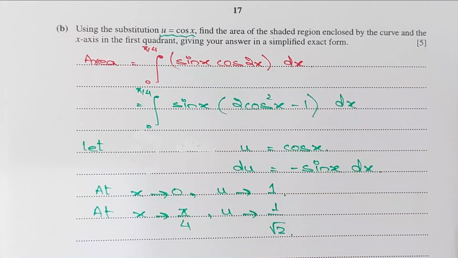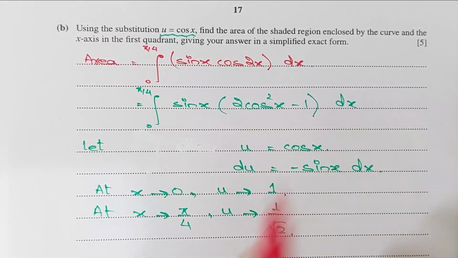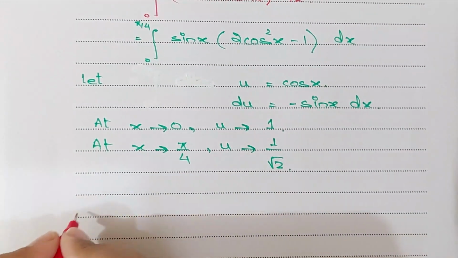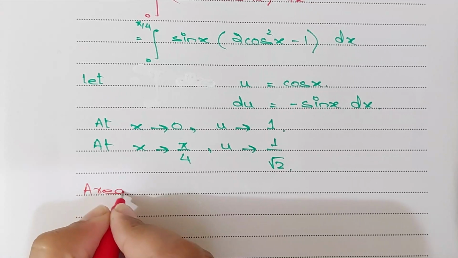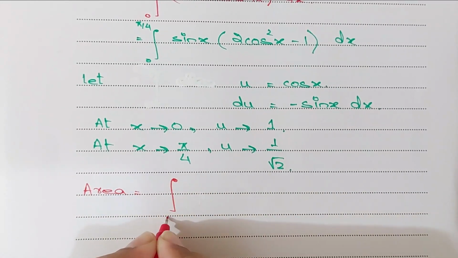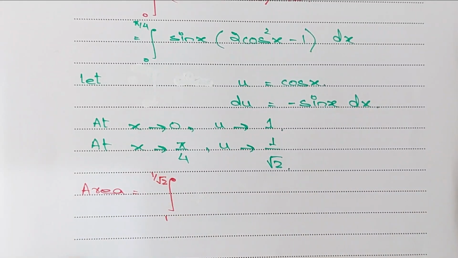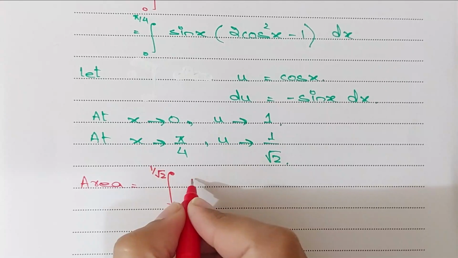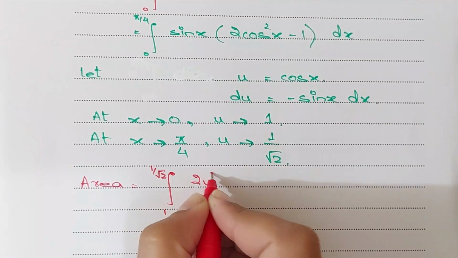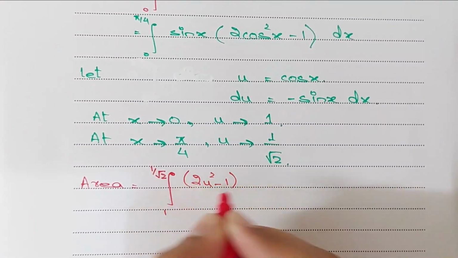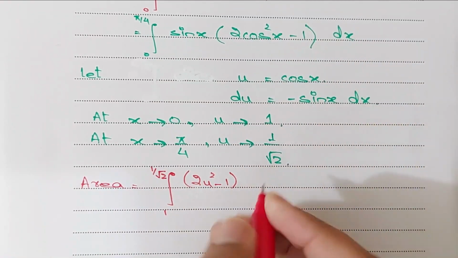Now let me use the substitution in this integral. The shaded area is the integral between 1 and 1 over square root of 2 of 2 cos square, which is 2u square minus 1, and sin x dx is minus du.